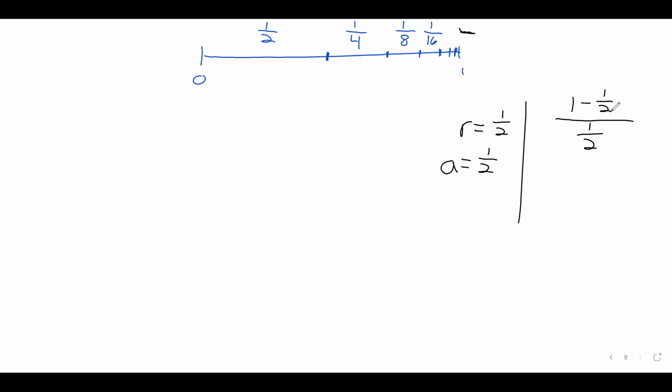Again, of course, these 1/2s are different. This 1/2 up here is A. Yes, yes, A. And this 1/2 down here is R. What am I doing? I've got those reversed.